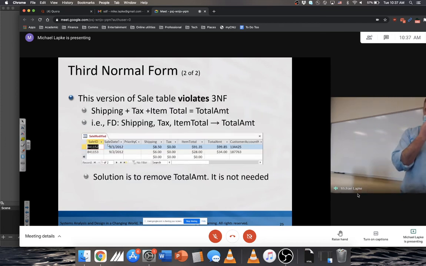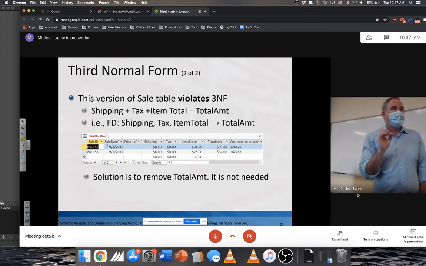So here we see an example that is in first normal form and second normal form. We don't have anything where I'm not tied to the primary key, or I have multi-valued attributes, and none of that is there. However, I do have a field that is functionally dependent on other fields, which is the total amount.